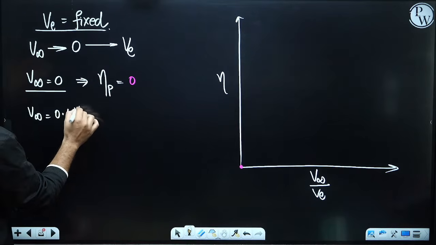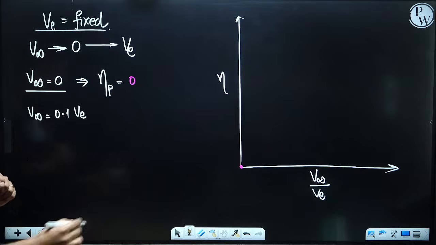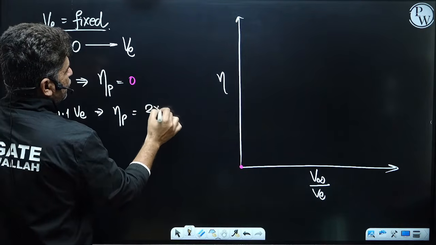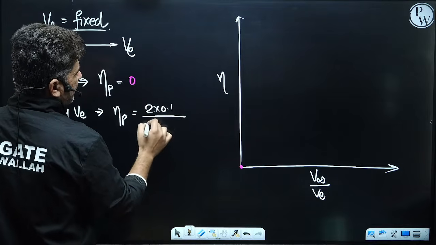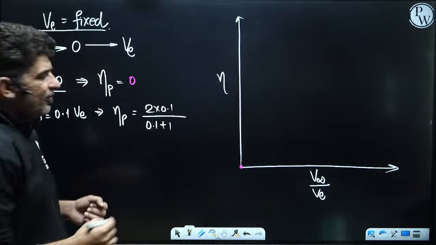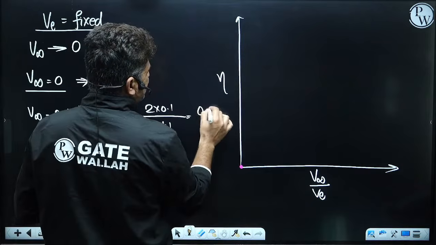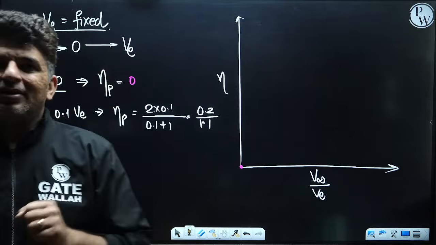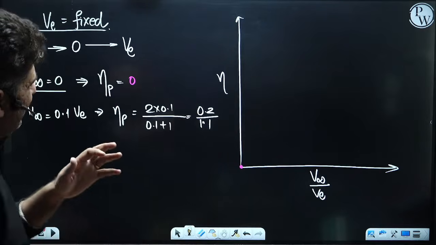0.1 times V exit. In that case, propulsive efficiency will be 2 into 0.1 divided by 0.1 plus 1. So 0.2 divided by 1.1. This will be roughly around 18-19%.